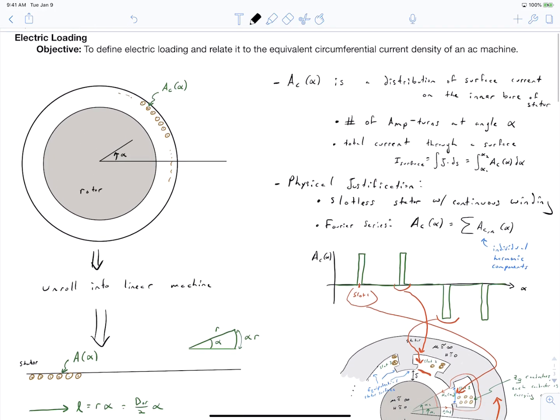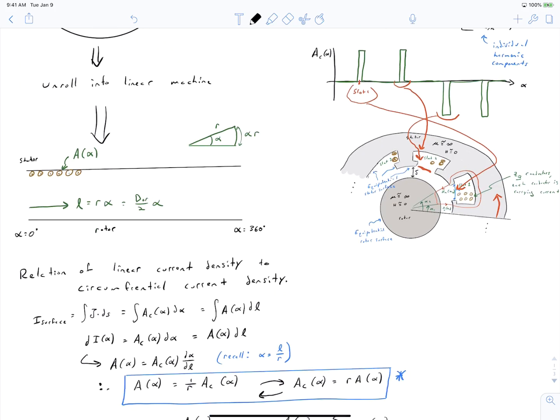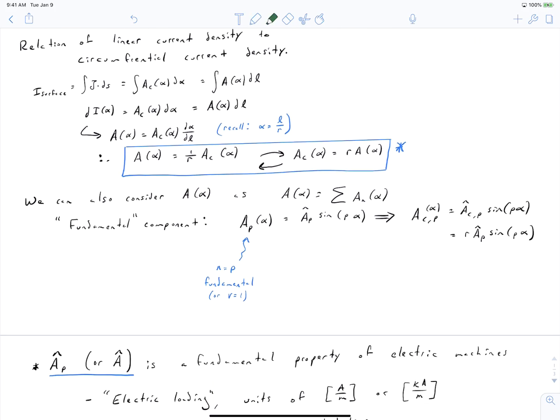So in this video, we've introduced electric loading, and we've related it to the equivalent circumferential current density of a machine. And we've noted that the equivalent circumferential current density of a machine is directly related back to the physics of the machine, the actual conductors that you are installing in your motor. We've sketched some diagrams for how this looks, and we've come up with our relation down here.